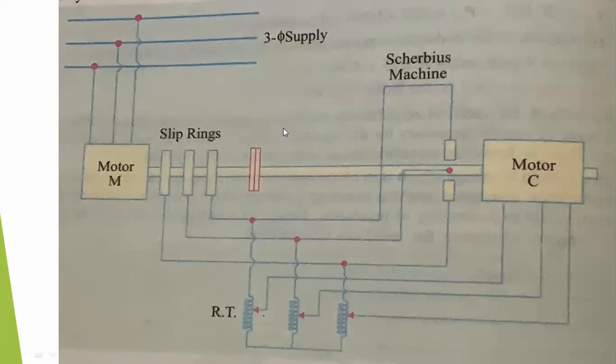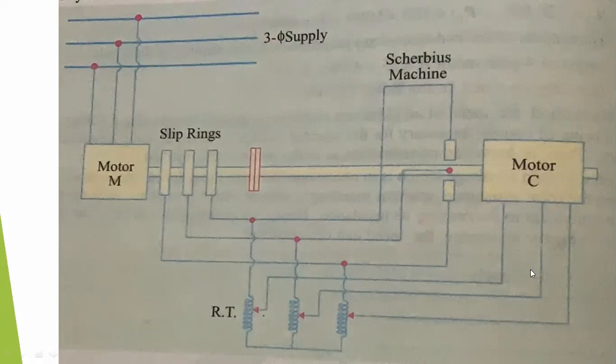The polyphase winding of machine C is supplied with the low frequency output of machine M through a regulating transformer RT.